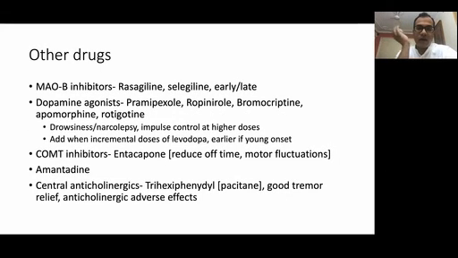Other drugs which are helpful are MAO-B inhibitors. They have a mild response. They will reduce tremor and bradykinesia, and that's why they are really helpful. Generally, they are prescribed early in the disease. Later on, they may not be as helpful, but sometimes we'll have to continue those.